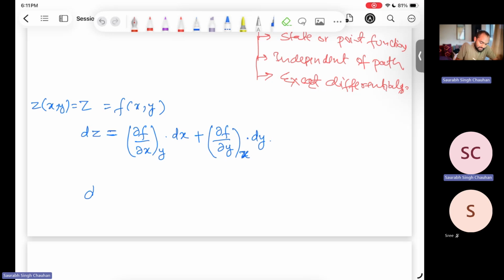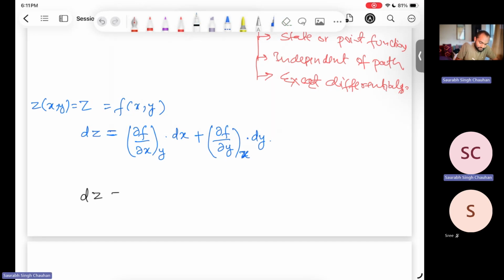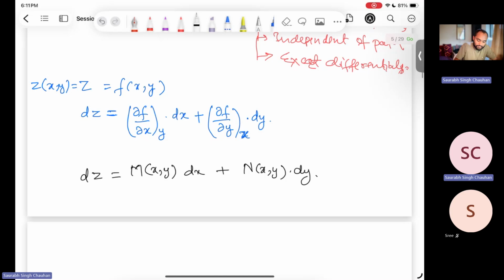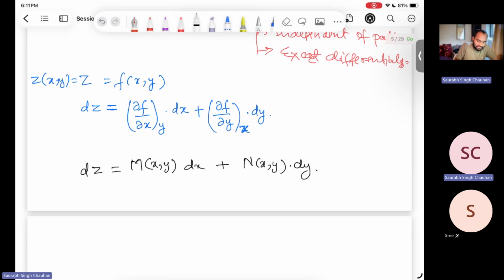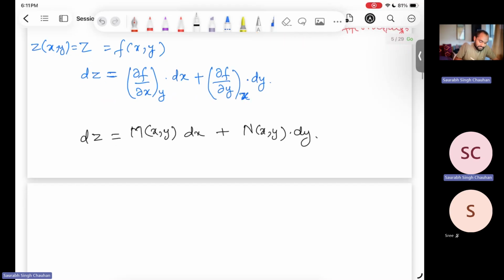If you are directly given this differential, dz is equal to some function m times dx, where m can be the function of x and y, plus some function n, again of x and y, times dy. Then if you want to check whether this differential of z is exact differential or not, we have a condition.